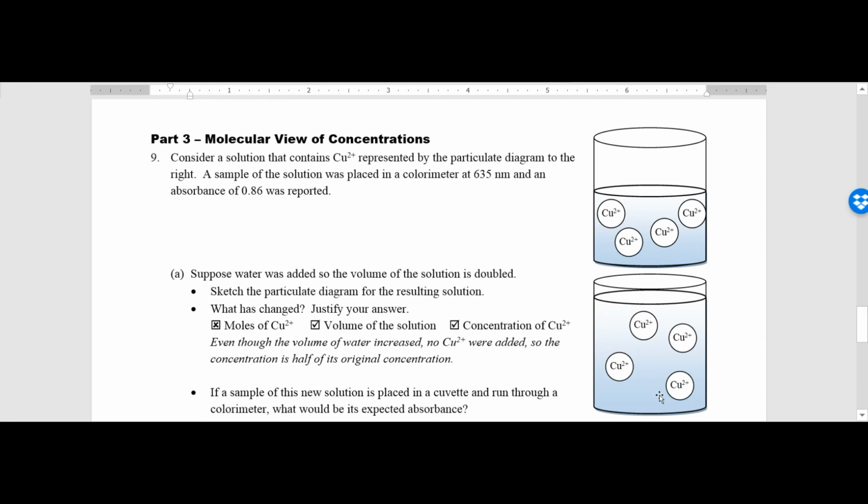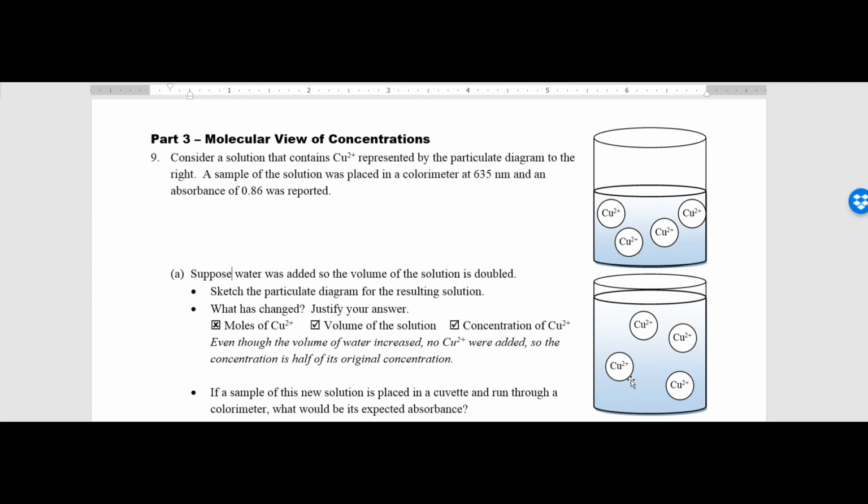And the concentration changed. The equation for concentration is molarity equals moles divided by liters. Even though the moles didn't change, the liters changed, so if you increase the amount of liters, it's going to decrease your concentration. That makes sense because if you add more water, it becomes a lighter colored solution.